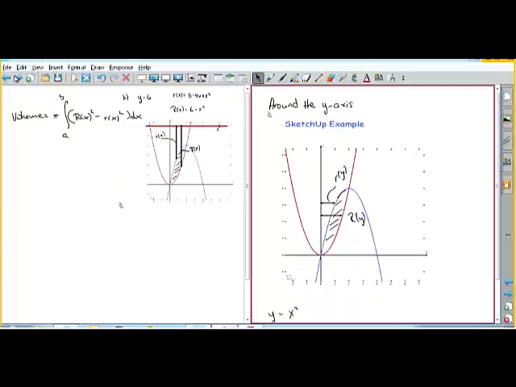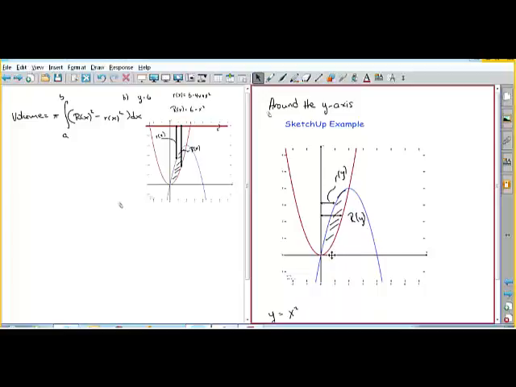Now we're going to do the same two curves, but we're going to rotate around the y-axis. So we have to take those two equations and write them as a function of y instead of as a function of x.